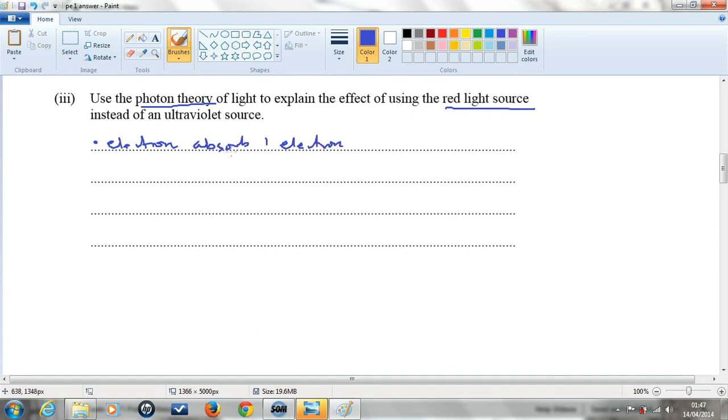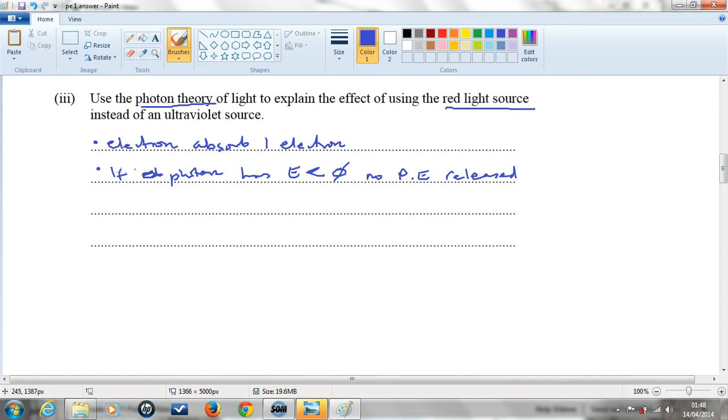And if that photon has energy that is less than the work function of the material, no photoelectrons are released. So that's explaining the photon theory.